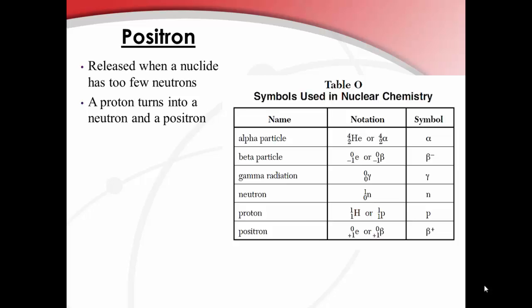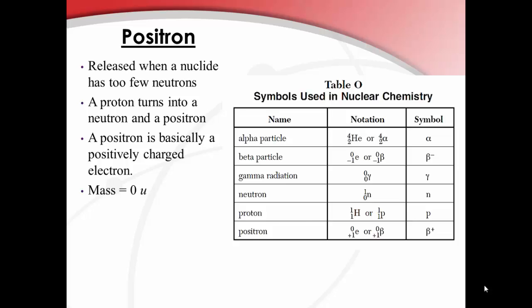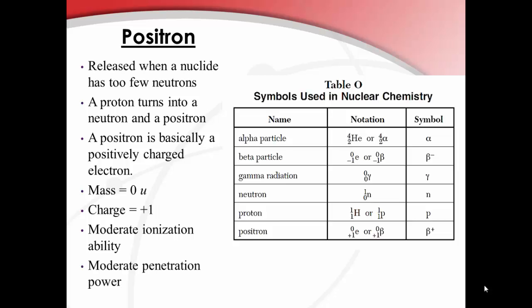A positron is emitted from the nucleus when a proton is converted to a neutron. Positrons have a mass of 0 atomic mass units, a relative charge of +1, and they have medium or moderate ionization ability and penetration power.